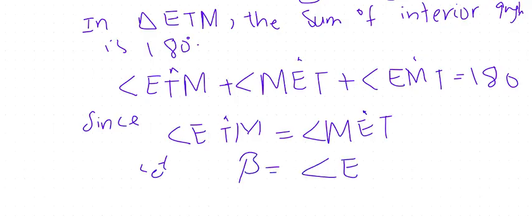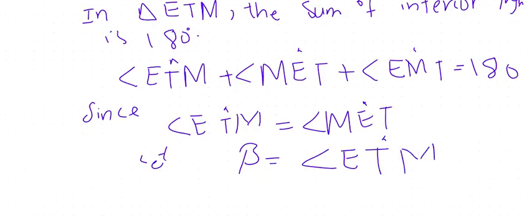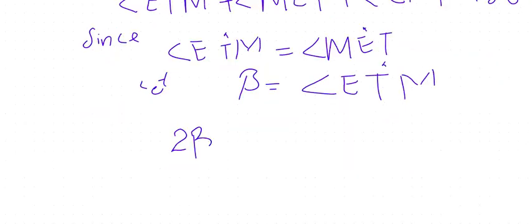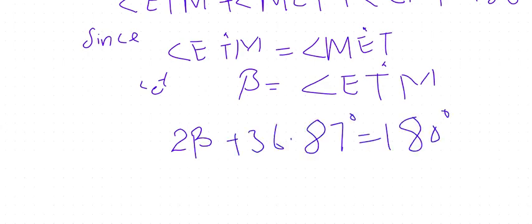So I'm just putting the values in this equation. We got 2 beta plus 36.87 degrees, all right, equals 180 degrees, and we got beta equals 143.13 degrees divided by 2.